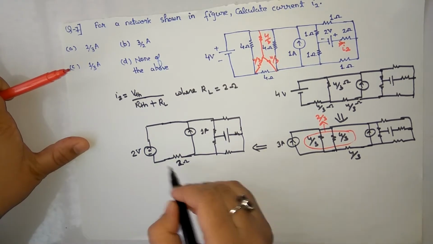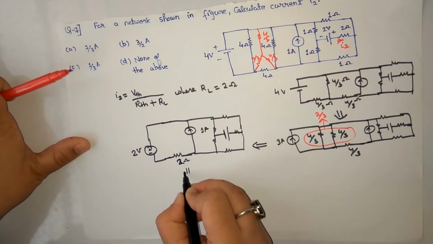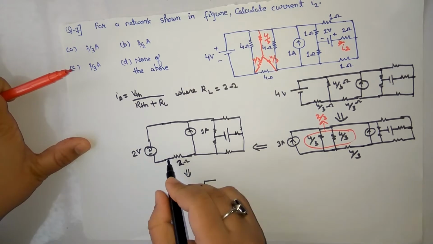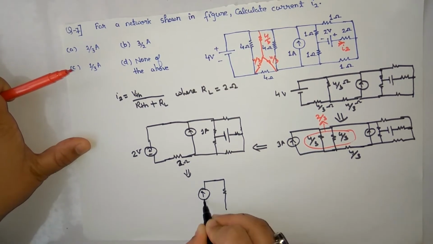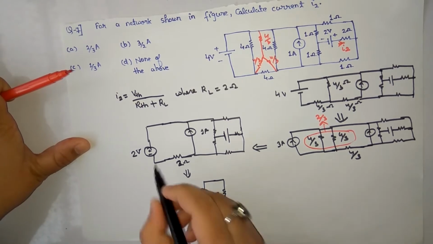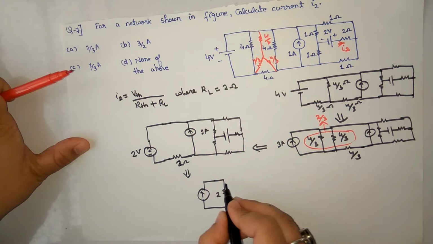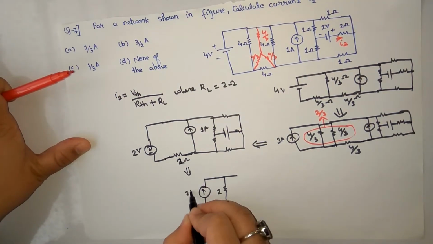And again, if I'm further converting it, this will become 1 ampere, 2 by 2, so 2 in parallel, so this will reduce to 1 ampere and this 1 ampere. I can simply add these two current sources and make it 2 ampere.